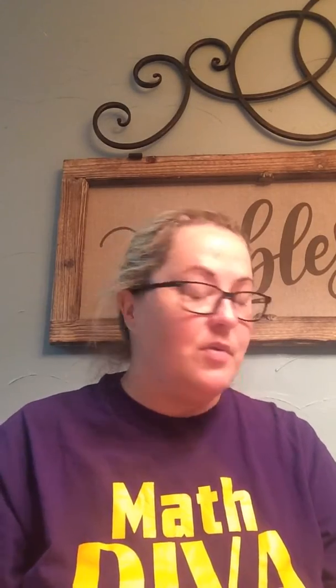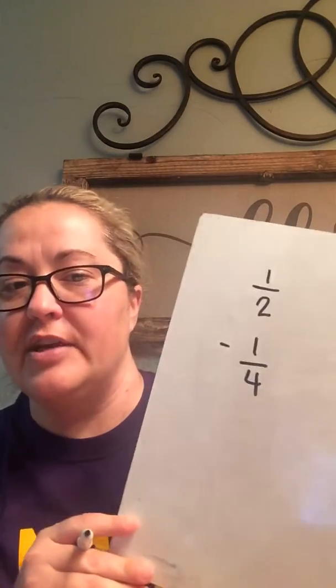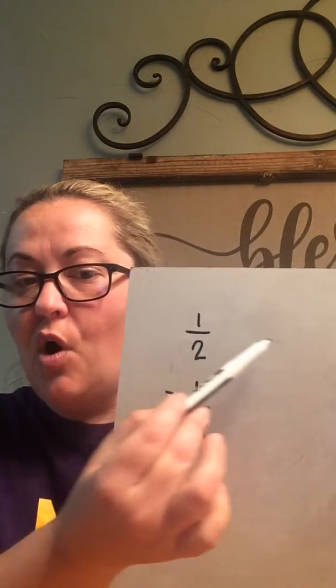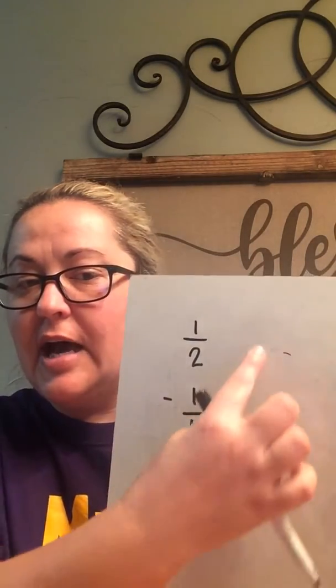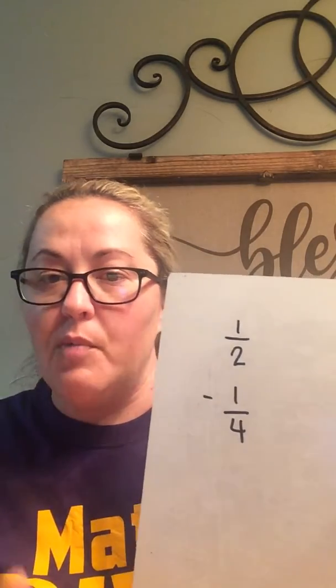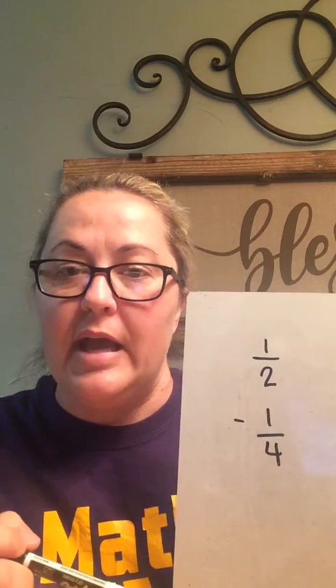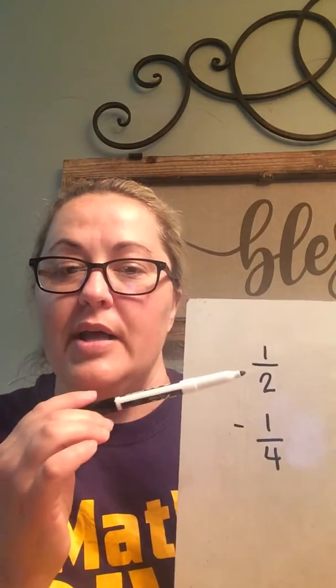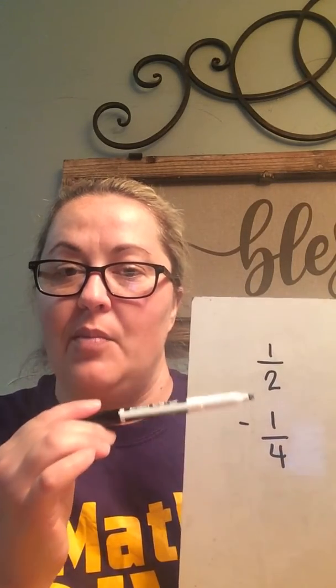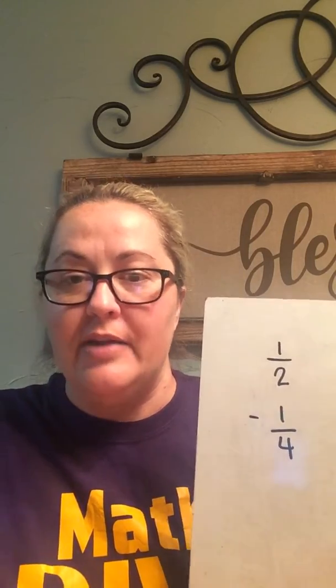So our very first problem is 1/2 minus 1/4. I usually have the kids write these vertically so they can do all of their work over to the side of the problem, and they can see what they're doing, okay? So now we have to start thinking, what can we skip count by and land on 2 and 4?